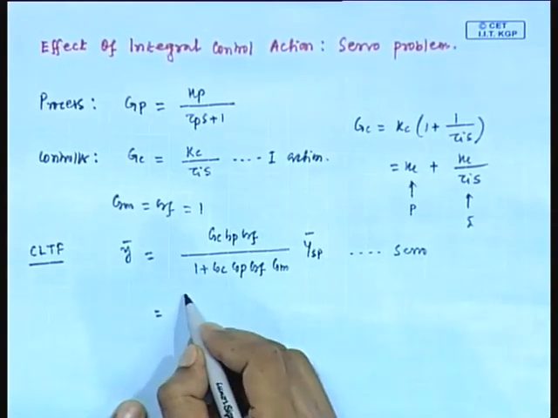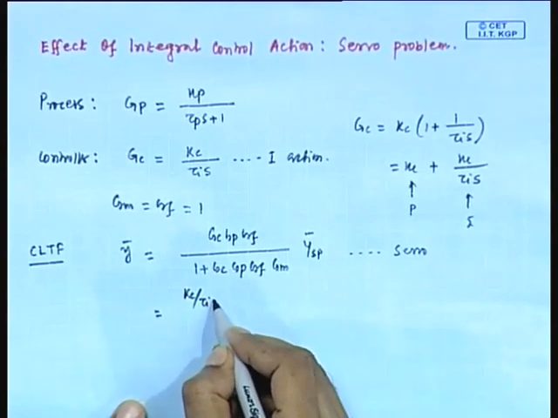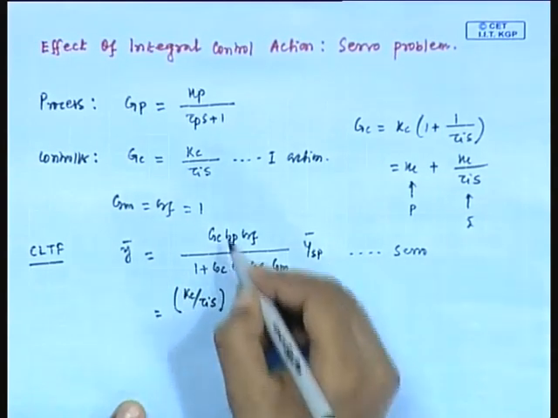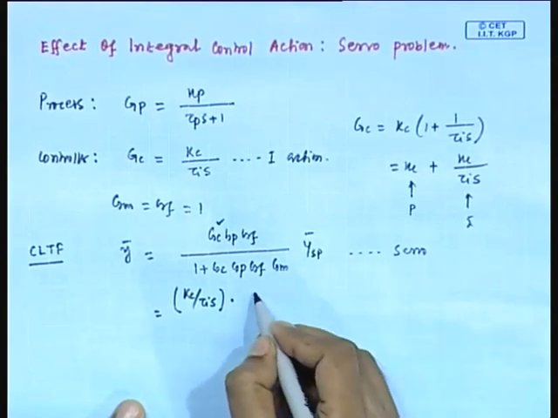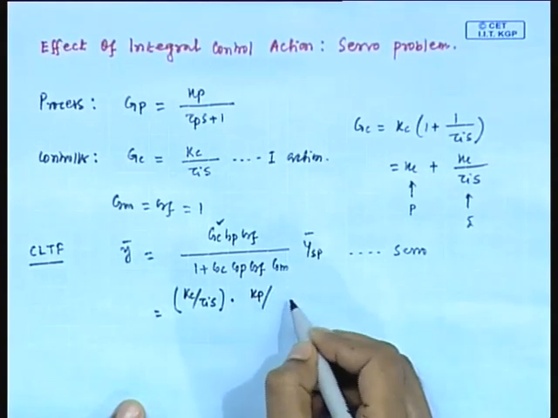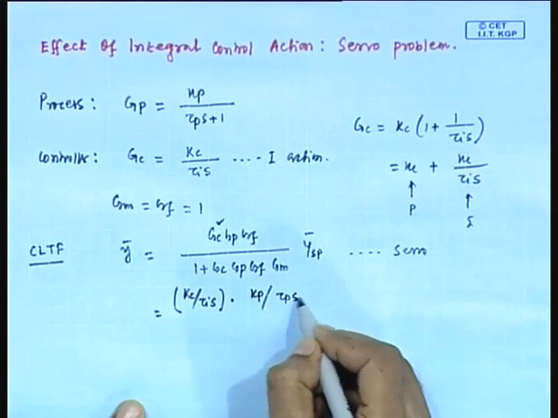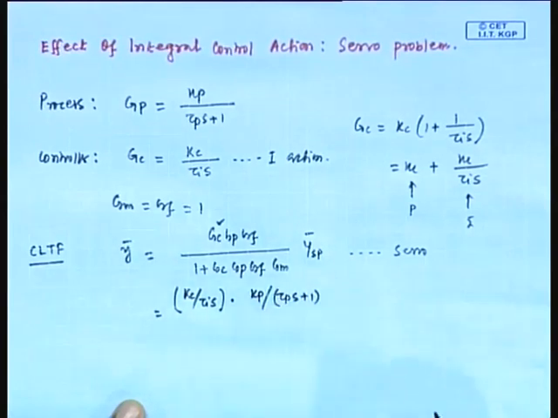Gc is Kc divided by tau I s. Gp is Kp divided by tau P s plus 1, and Gf is equal to 1.